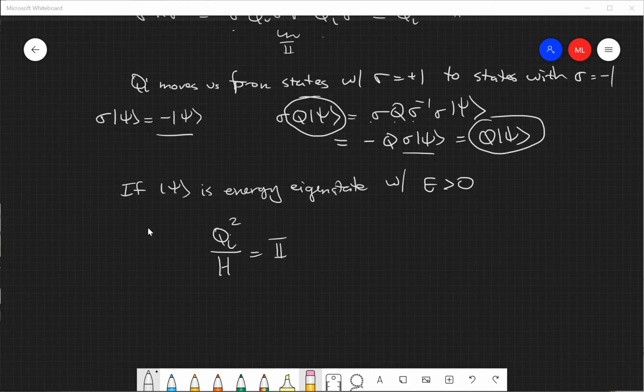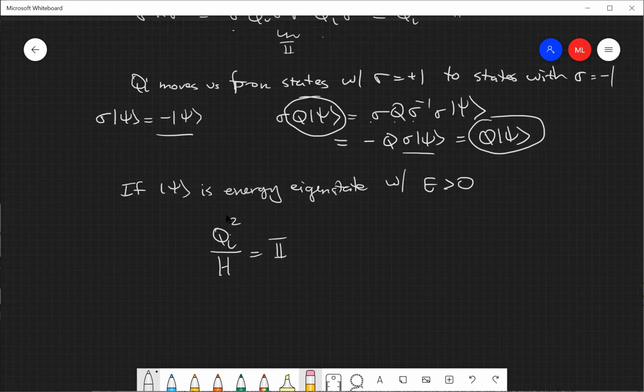So let's see, how should I say this? If we act on the space of states with positive energy, then the inverse of the Hamiltonian is well defined.